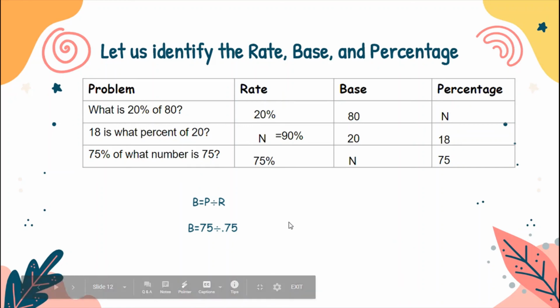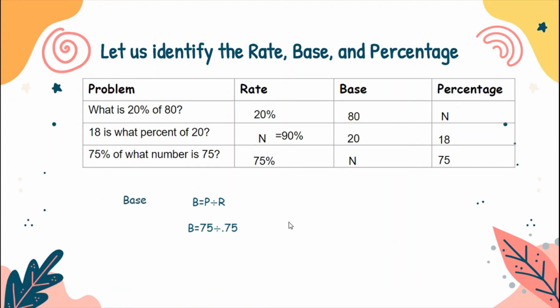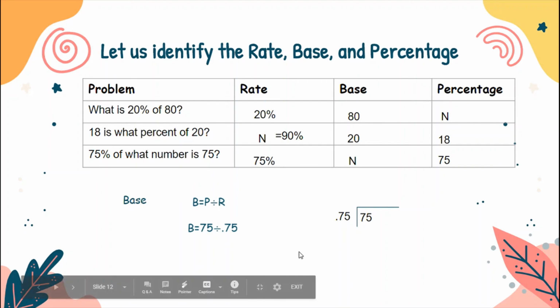So after this, I divide 75 by 0.75. We cannot divide by a decimal, so what we're going to do is move our decimal point to the right.